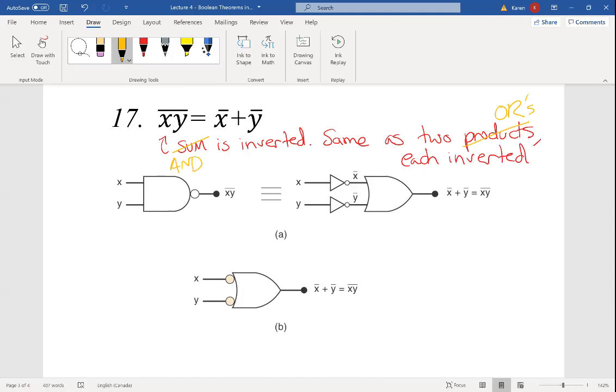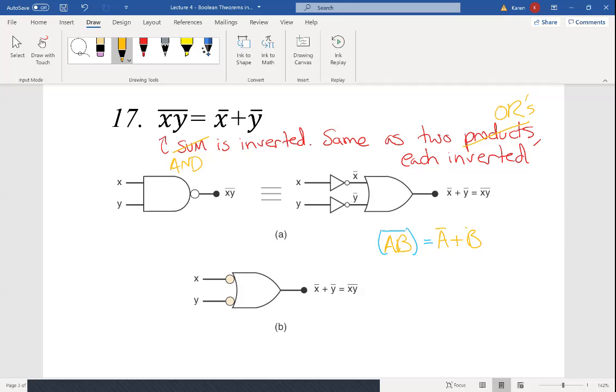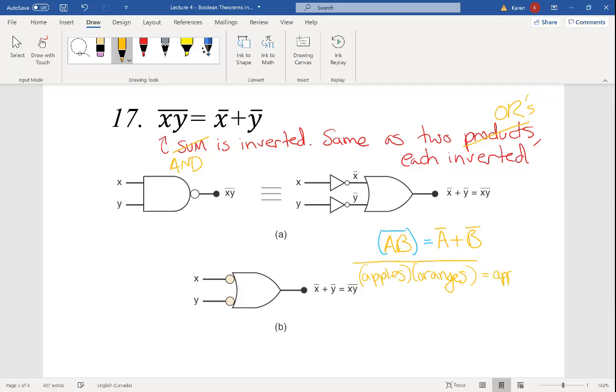So here, you're not used to looking at X's and Y's, but that's like saying A and B with a huge inversion across it is the same as A separate from B. Change this sign, invert them separately. And that's the same as apples and oranges, all inverted, is the same as apples or oranges, separately inverted.